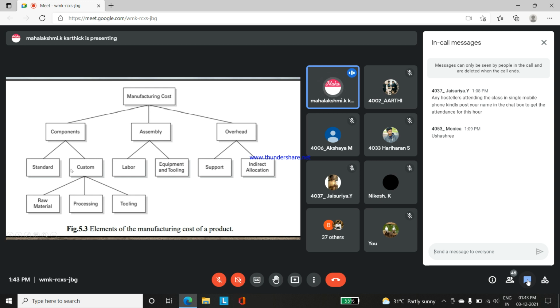Components are of two types: standard and custom. Assembly has two types, which you already know.